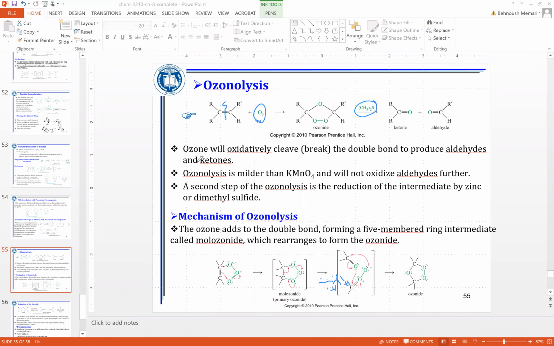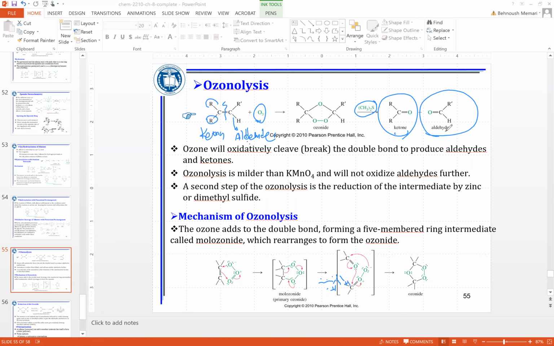This side of the molecule, because we have 2 R groups, is going to give you a ketone. The right side of that is going to give us an aldehyde. If you had hot permanganate, the aldehyde would change to carboxylic acid, but with O3 in the presence of dimethyl sulfide, it's a milder oxidizing agent, so the aldehyde would stay an aldehyde.